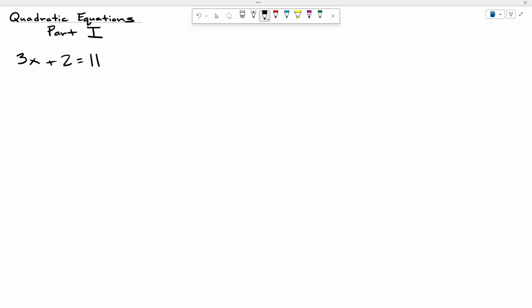And also called, as we said, first degree equations. Now, quadratic, on the other hand, are what we would call second degree equations.